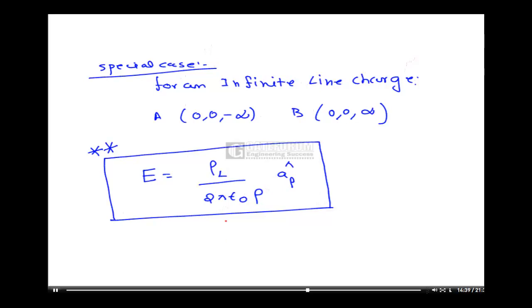Generally, this is a general formula. Here we define rho L as the line charge density.